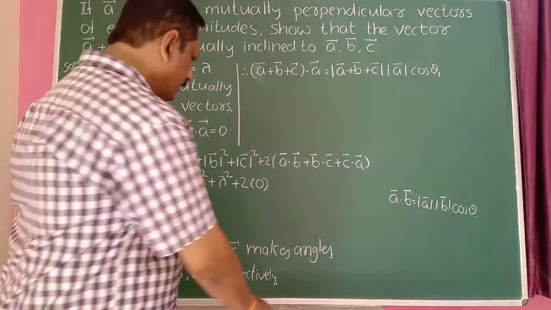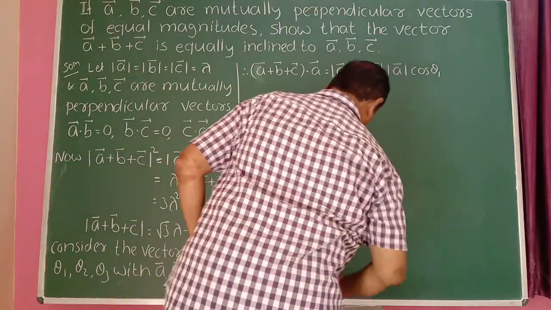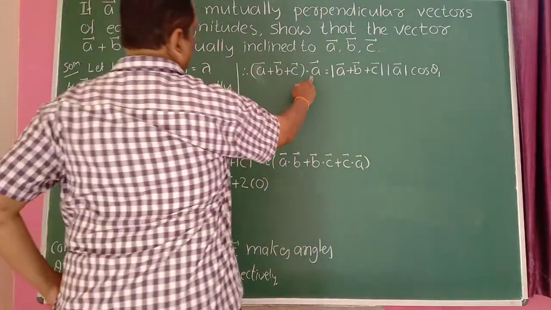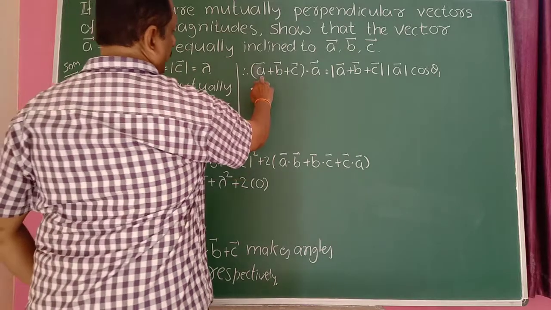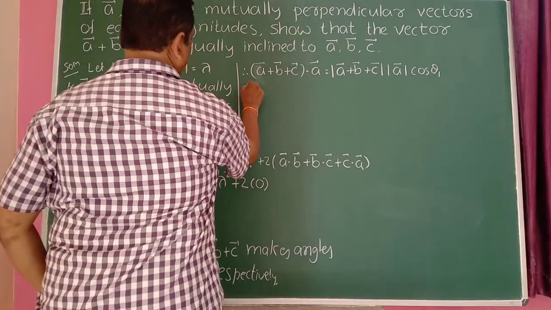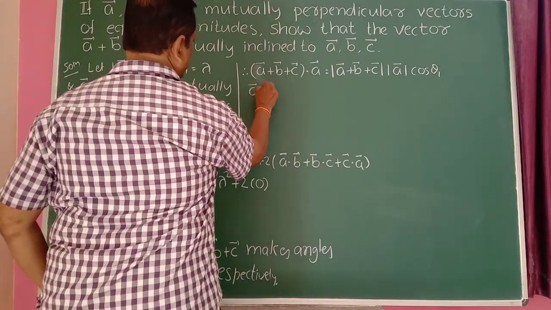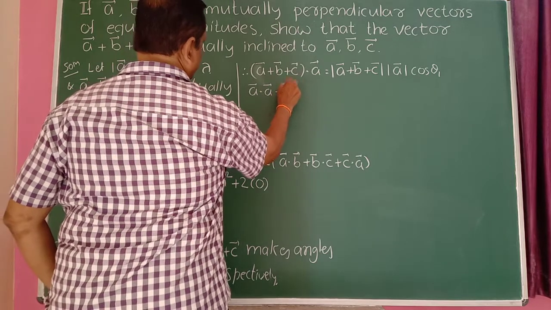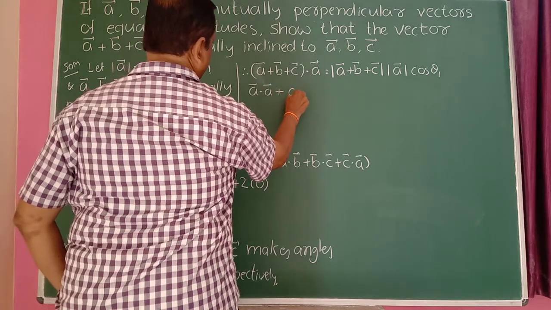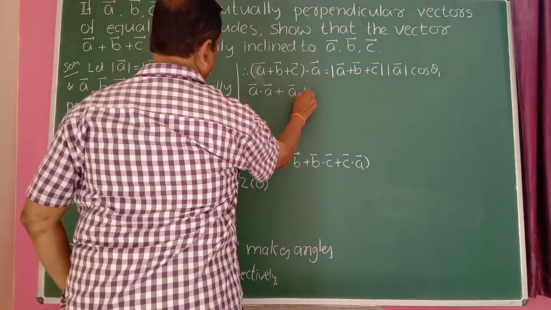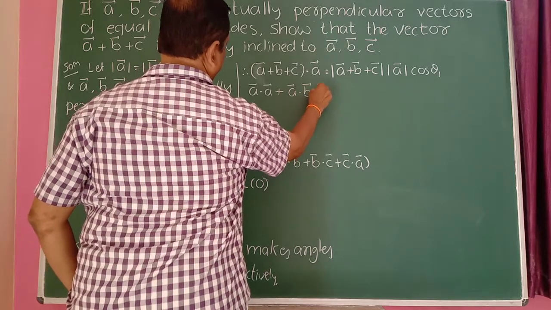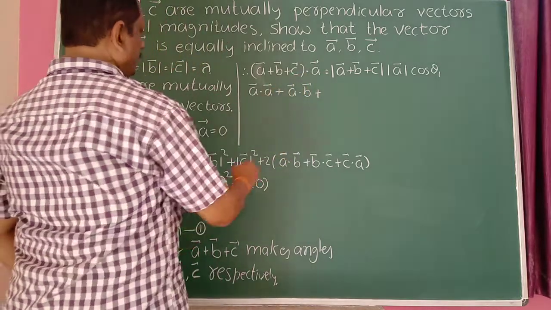Then take this A bar inside here: A bar dot A bar plus B bar dot A bar, which is the same as A bar dot B bar, then plus C bar dot A bar.